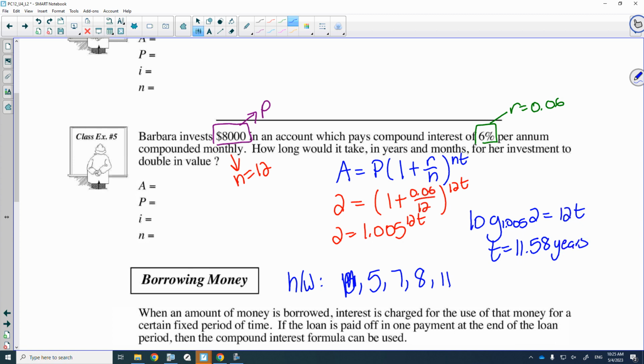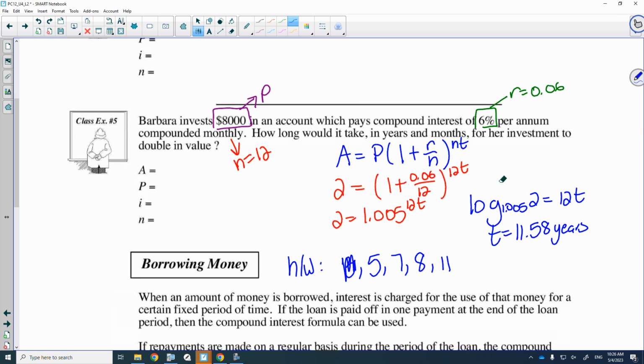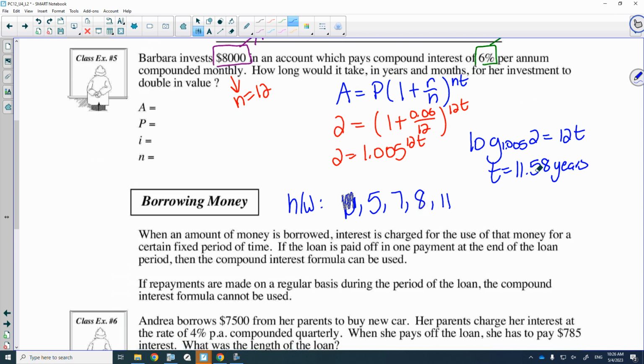58 years. Do you know how you would convert that 0.58 years to months? What would you do? Because I want to know how many years and how many months. So this would be 11 years. How do you convert 0.58 years to months?